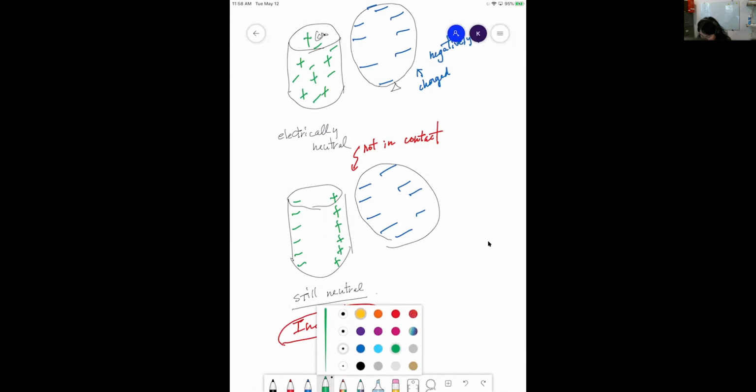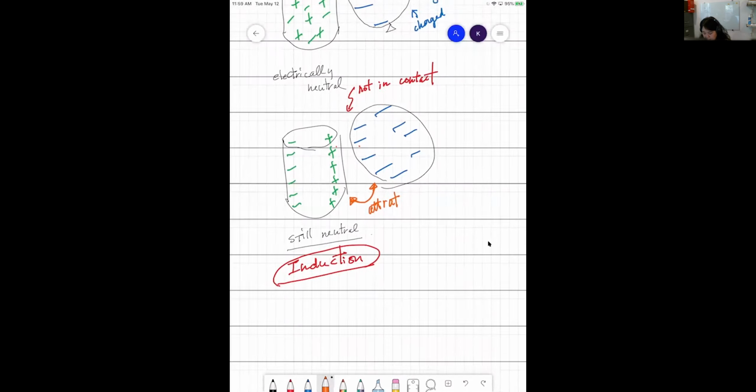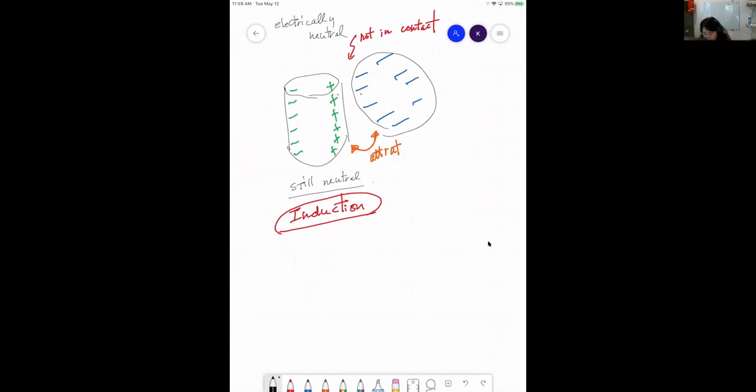Let's do orange. The positive and negative are going to attract each other, so it's easier for the balloon to stick to the can. They will attract. Once it's in contact though, what happens?